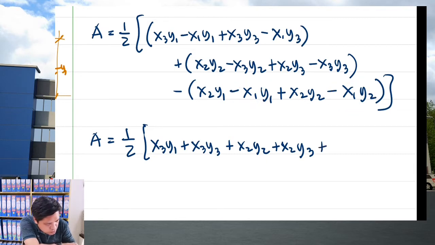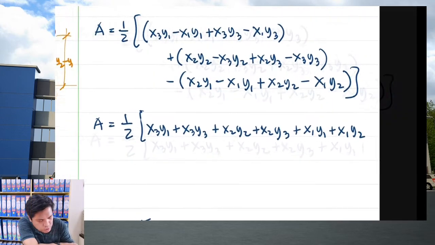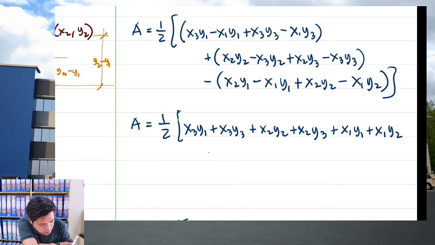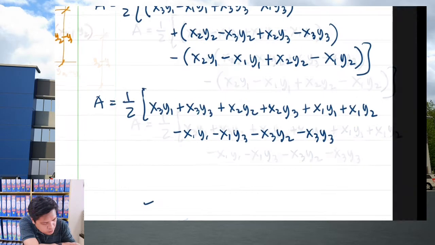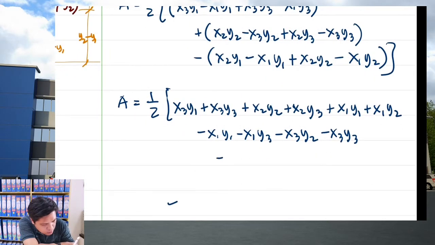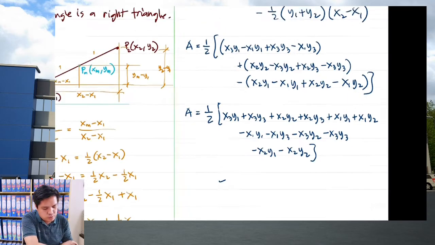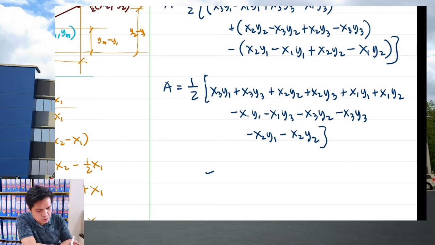So, plus x1 y1. Now, yung mga negative naman is negative x1 y3, negative x3 y2, negative x3 y3, and negative x2 y1, and negative x1 y2. Okay, so these are the negative parts.